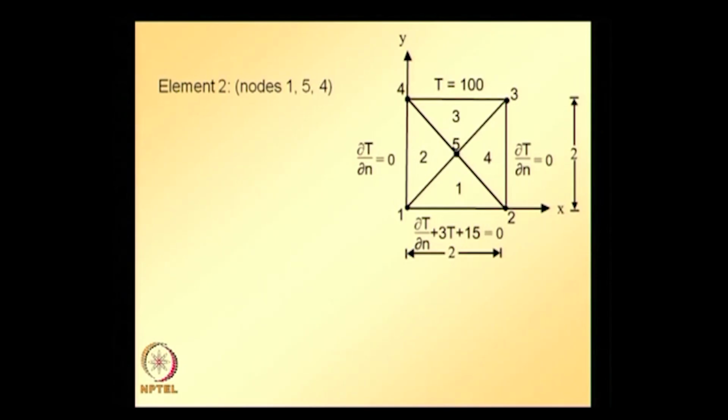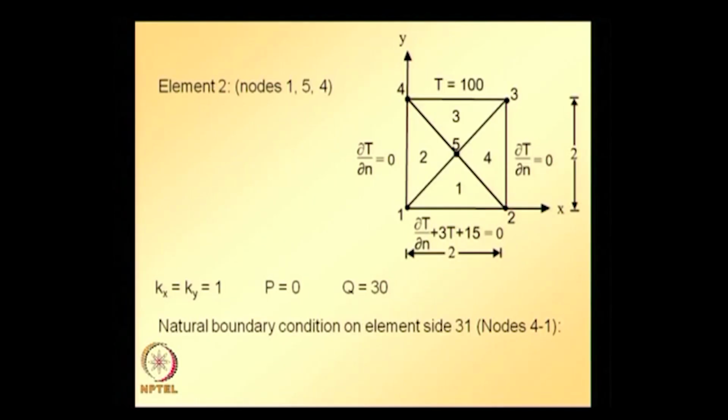For element 2 the connectivity is defined like this: 1, 5, 4, that means local node 1 is the same as global node 1, local node 2 is global node 5, local node 3 is global node 4. So, with this understanding and also comparing the given differential equation with the general boundary value problem equation, we get this Kx, Ky, Pq, which is similar to element 1, and natural boundary condition.